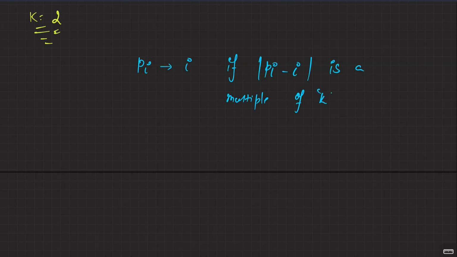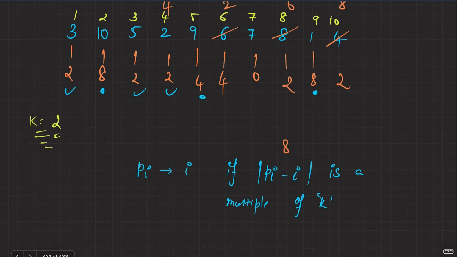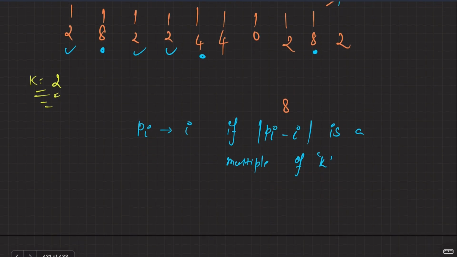For example, here you can see that the distance of this from its correct position is 8. You can move it to its correct position if this distance 8 is a multiple of k, basically 2. Okay, if it is a multiple of 2.